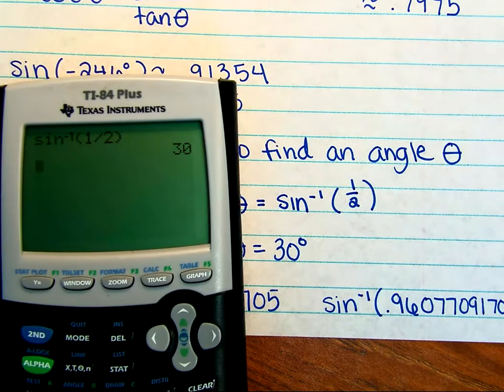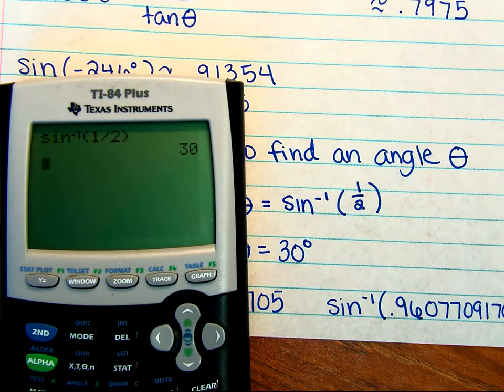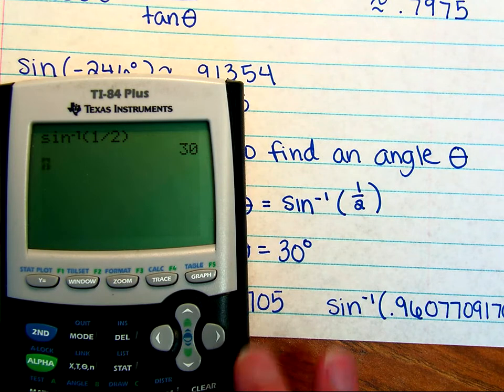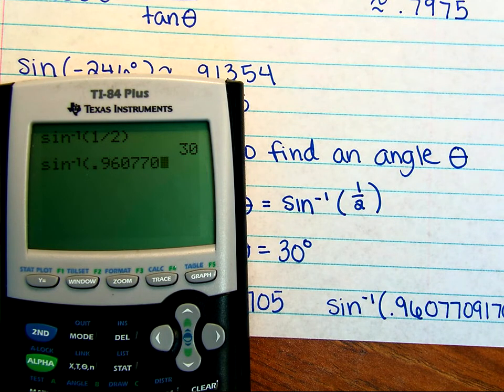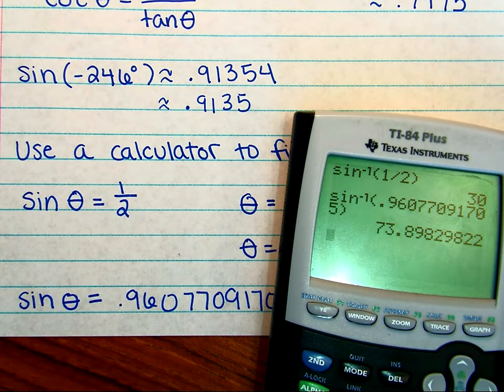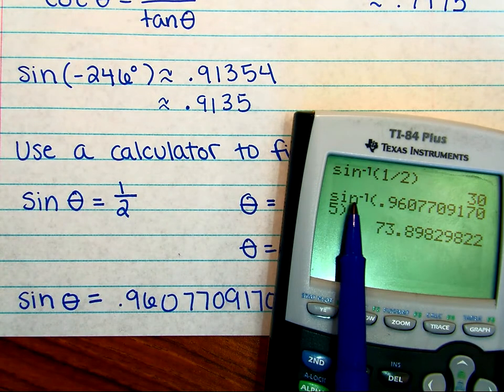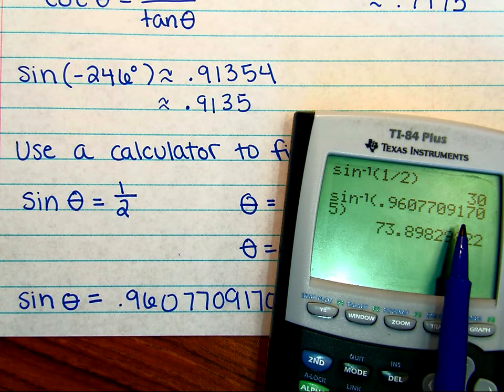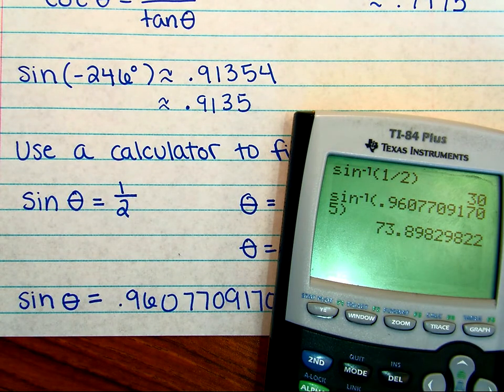So again, we go with sine inverse. Okay, so I did the sine inverse because I know I'm trying to find an angle, typed in that big long decimal, and I got about 73.89 degrees.